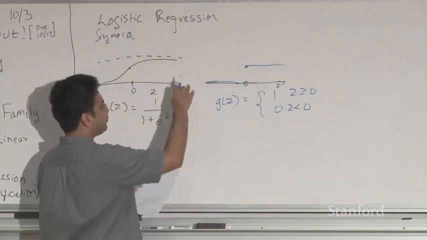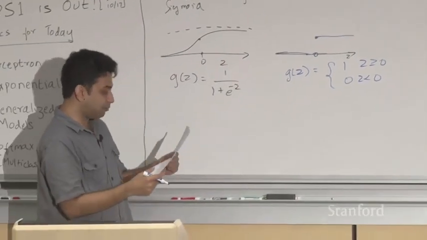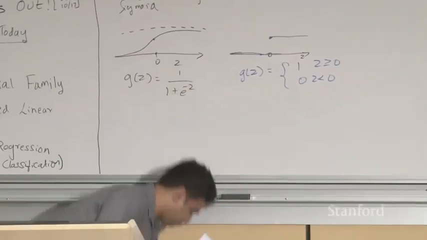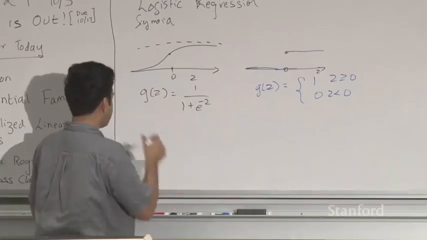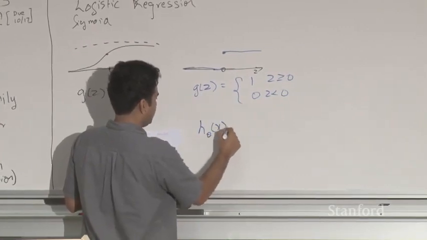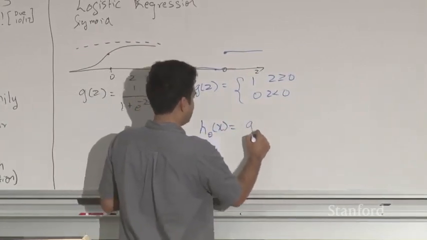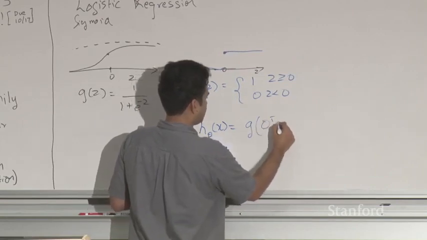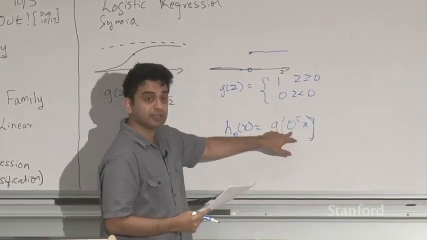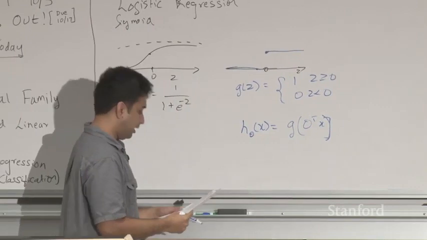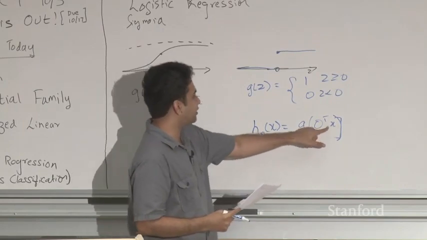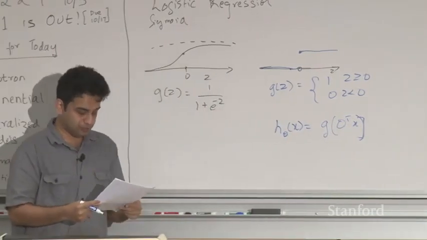So you can think of this as the hard version of the sigmoid function. And this leads to the hypothesis function h theta of x being equal to g of theta transpose x. Here theta is the parameter, x is the input, and h theta of x will be 0 or 1, depending on whether theta transpose x was less than 0 or greater than 0.